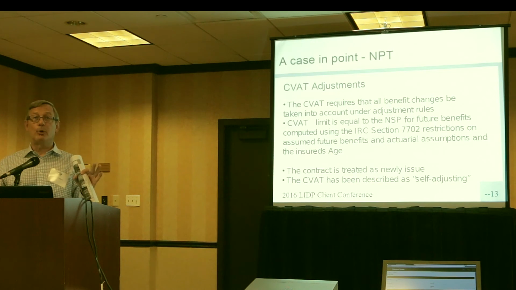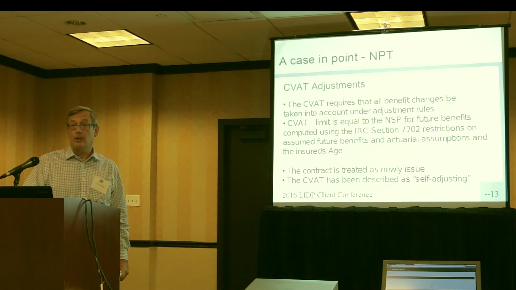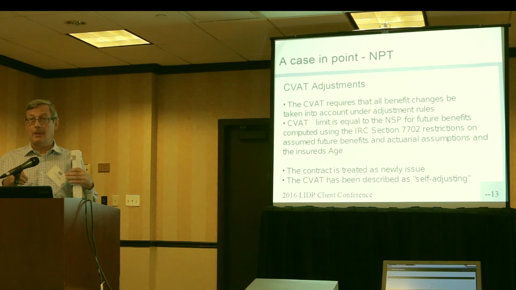There's this necessary premium test that you have to pass to determine whether that increase is a material change or not. And so I know there are companies that are not doing that, and frankly, if you're using our system and you're just increasing it without doing the test, you may not be in compliance.